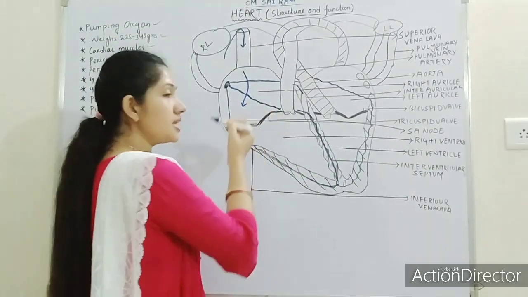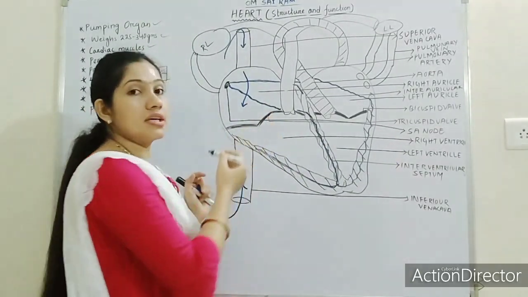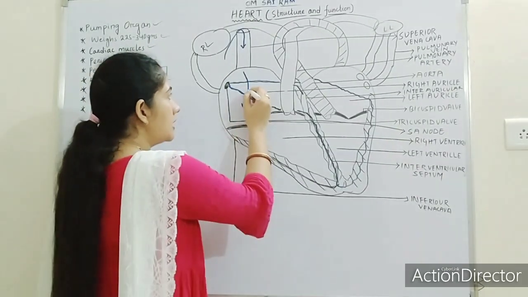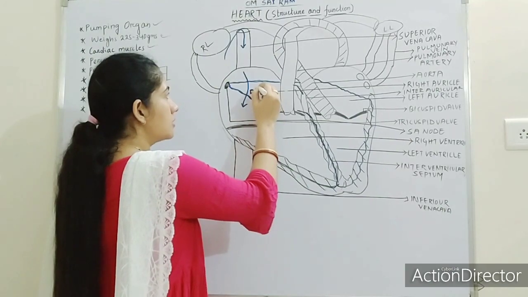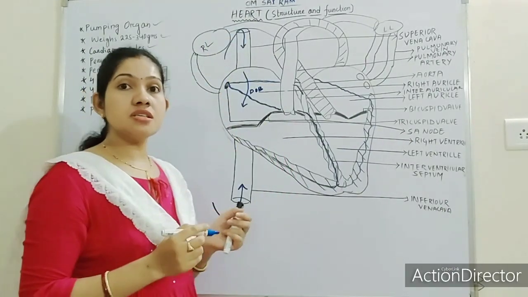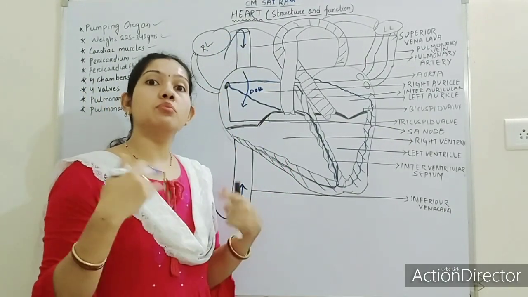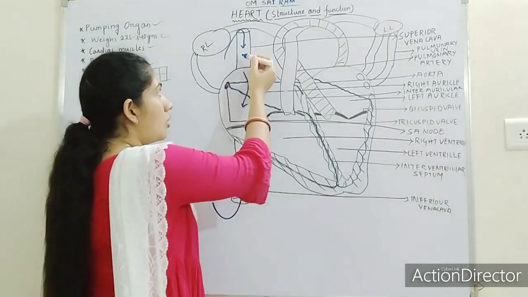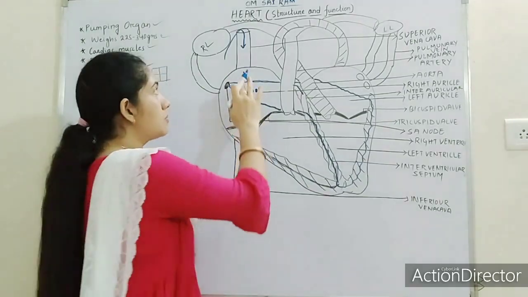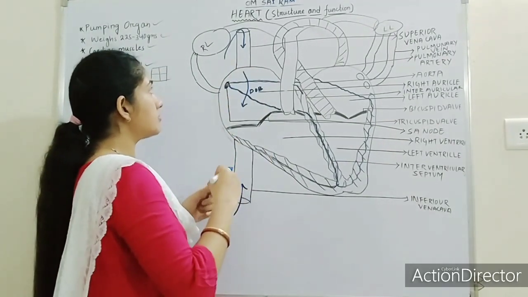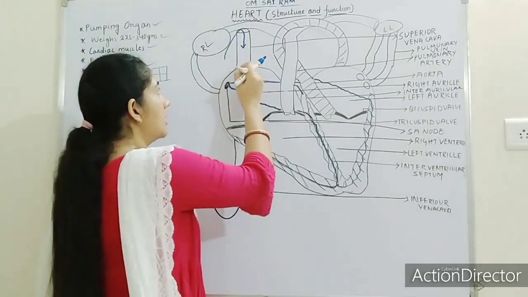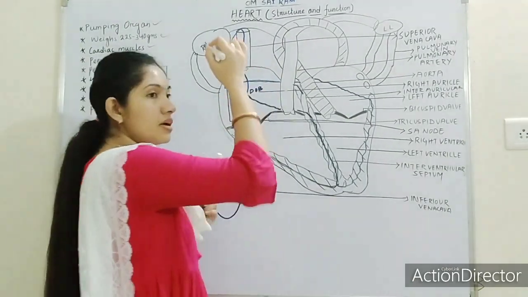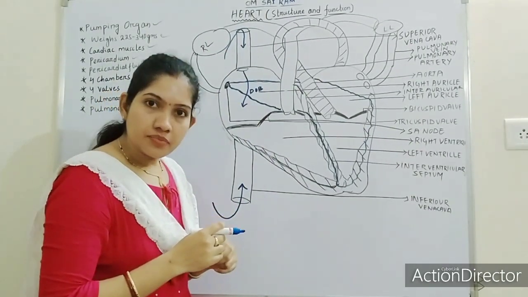Here the right auricle will gain blood. Which blood? Deoxygenated blood, which has less oxygen and more waste material, so that it can be purified. All the deoxygenated blood collected from the superior vena cava and inferior vena cava is collected in the right auricle.